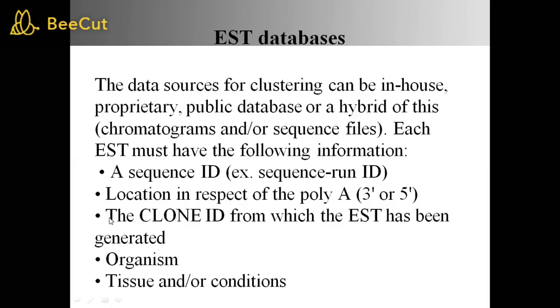Then next is the clone ID, from which the expressed sequence tag has been generated. Then the organism from which this expressed sequence tag has been produced. Then from that organism, which tissue has been used or under what conditions. So this information is mentioned.